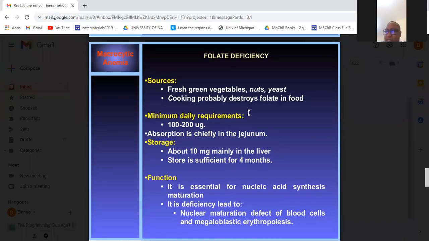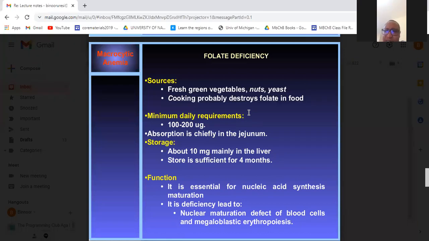So folate deficiency, we've talked about B12 deficiency. Folate deficiency is the other cause of megaloblastic anemia. Where do you get folate? You get folate from fresh green vegetables, nuts, yeast. Cooking destroys folate in food.